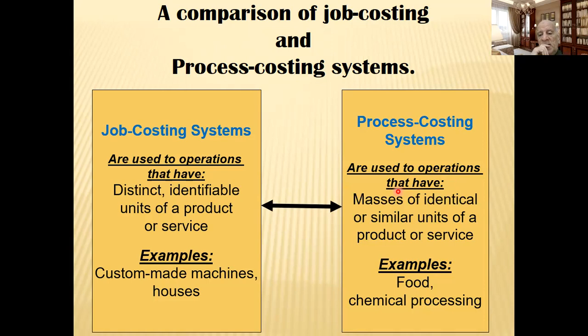For example, food, chemical processing, and so on. After you have studied job costing systems in chapter 4 and its refinement in chapter 5, you will study in this chapter process costing systems.